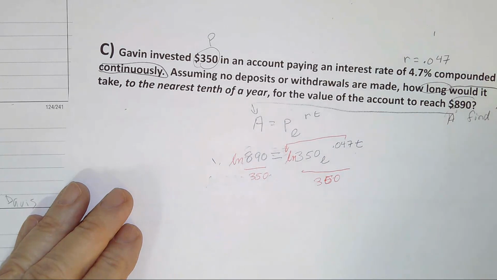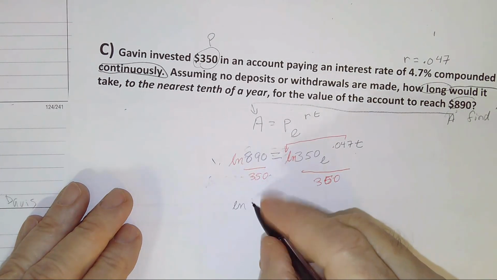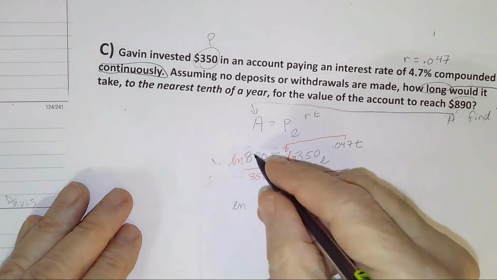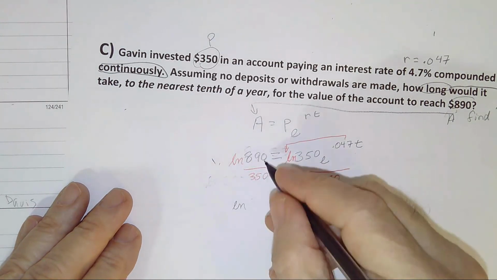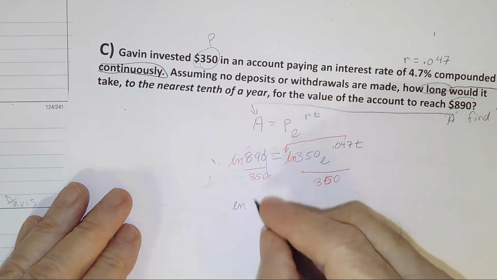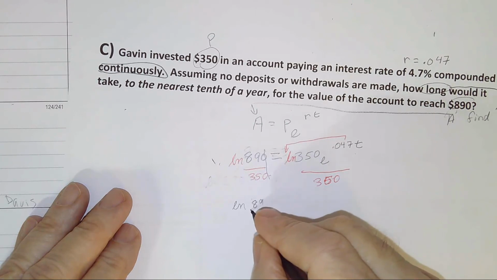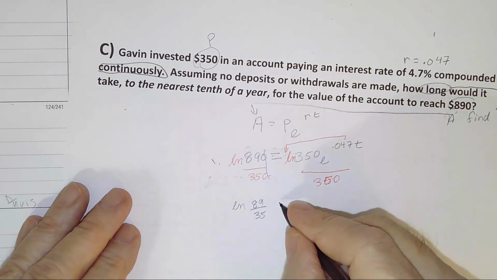So I'm going to end up with the natural log of 890 divided by 350. You just drop the zeros. It's 89 divided by 35. So natural log of 89 divided by 35 equals the natural.